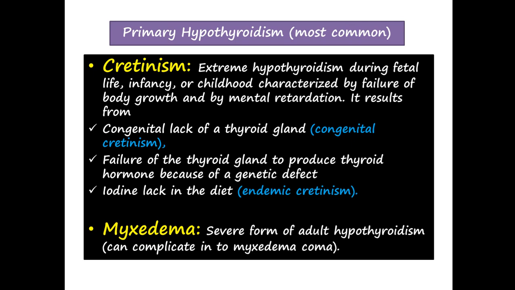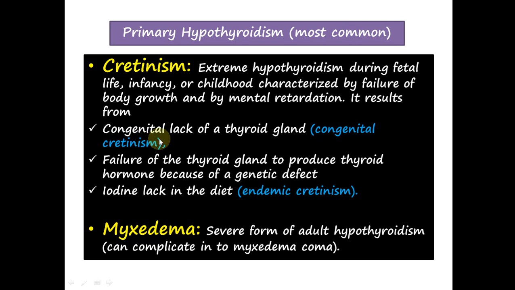The hypothyroidism may be caused by some structural defect, for example, congenital lack of a thyroid gland, which is not developed, and that mostly develops at the 16th week of gestation. This condition is known as congenital cretinism, and the child is known as the cretin.